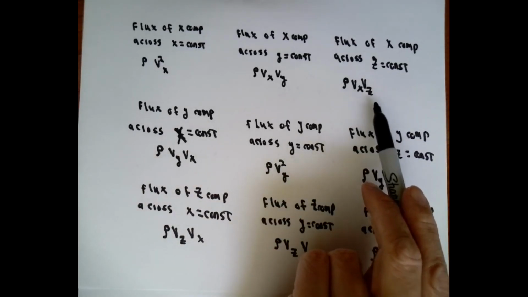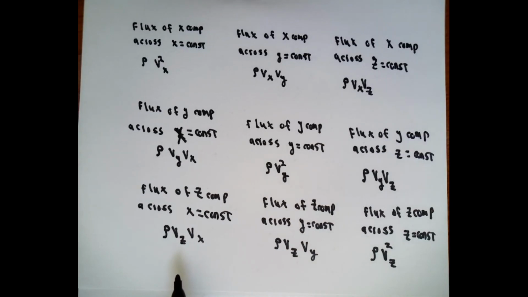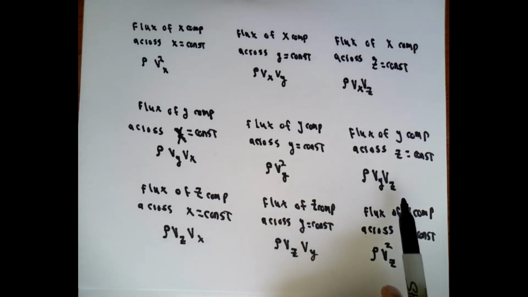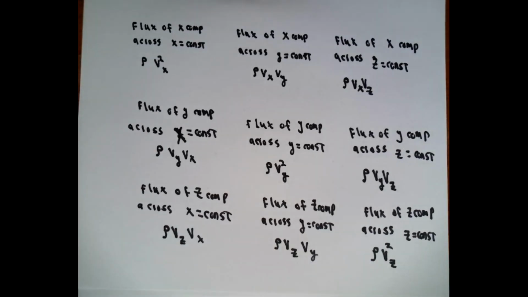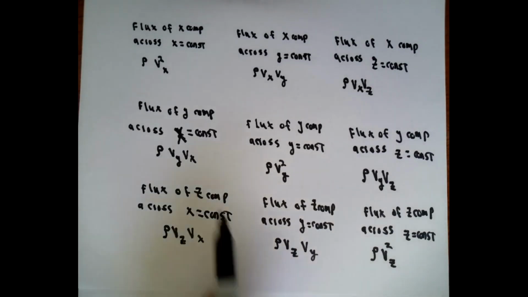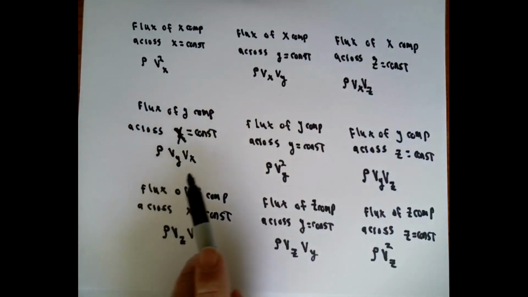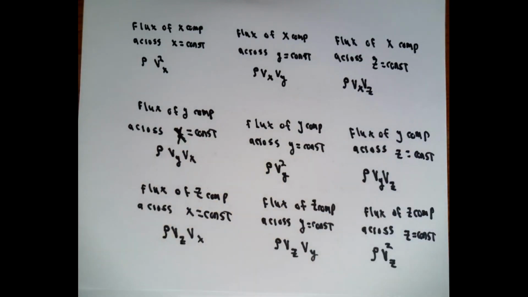This number and that number are the same. This number and that number are the same. If I were to arrange all of these fluxes into a matrix ordered in this same way, that matrix would be a real symmetric matrix. And we know from linear algebra many facts about that kind of thing.